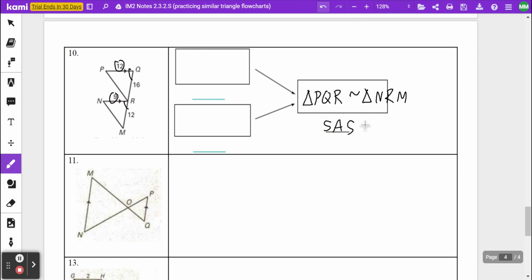Side angle side similarity. We'll start with the angle pair. Angle Q is congruent to angle NRM by corresponding angles.